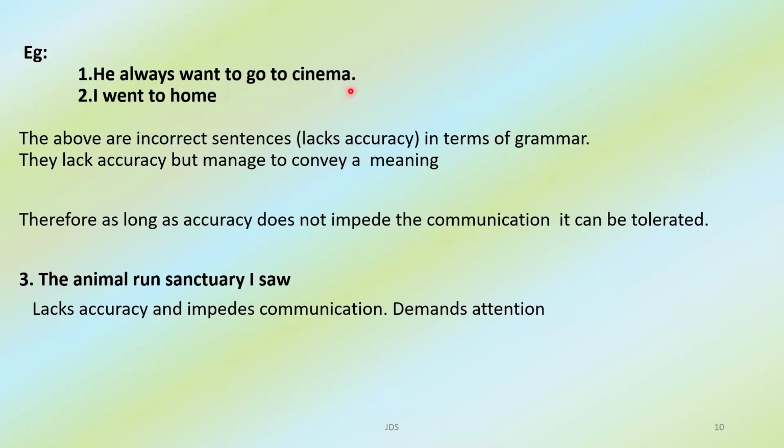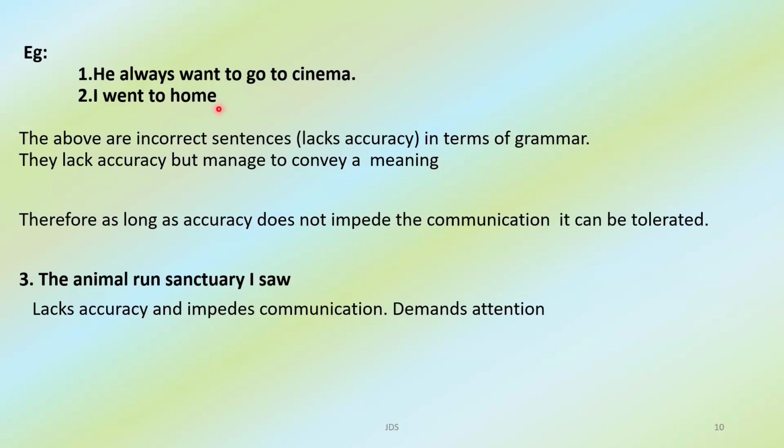In terms of grammar, they are inaccurate sentences. If we are to give marks, we can't give marks for these two sentences. 0. But in spoken language, they are acceptable. Why? Because they convey the meaning. Whether he always wants to go to cinema or he always want to go to cinema, the listener can understand the intention of this sentence.